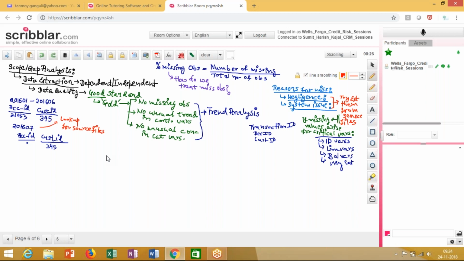So that ID is first closed and a new ID is actually created, right? So when you take a new loan, that's called an account ID. Then a new account ID is generated, right? So that ID is closed and a new top up is generated.